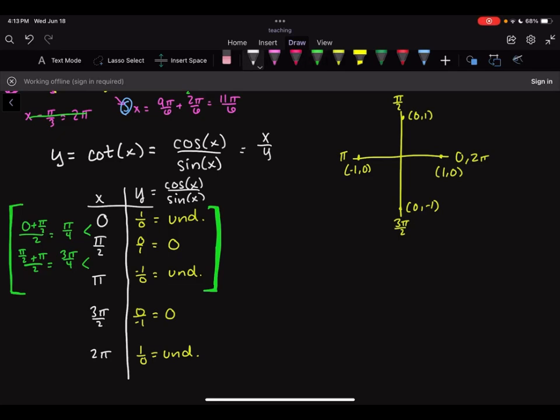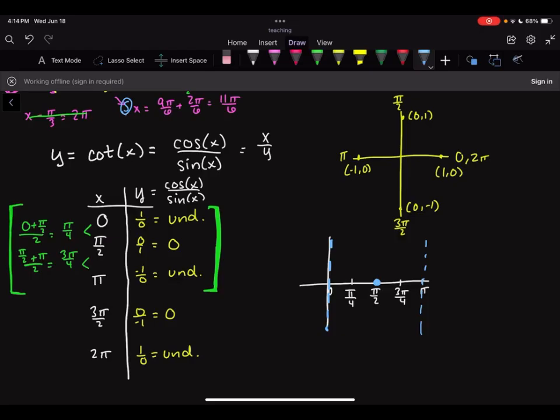So here's what the graph of cotangent looks like. We've got 0, pi over 4, pi over 2, 3 pi over 4, and then pi. Now for this one, my asymptotes are lying between 0 and pi. My middle point is here.